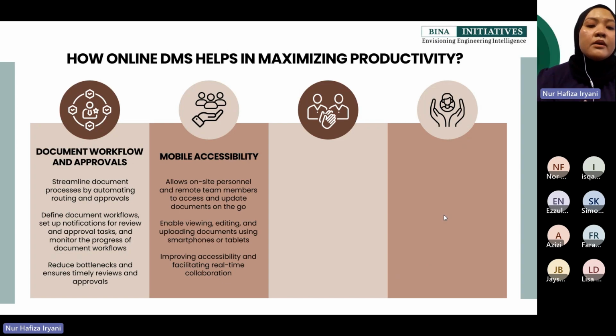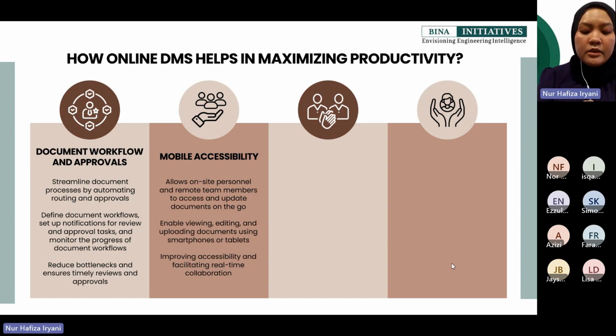Okay, and then we talk about mobile accessibility. Phone is in our palm anytime, everywhere. At the site, at the office, on the road, while driving, cannot. When users can access EDMS using mobile, it allows the on-site personnel, especially the on-site personnel and remote team members, to access and update documents on the go.